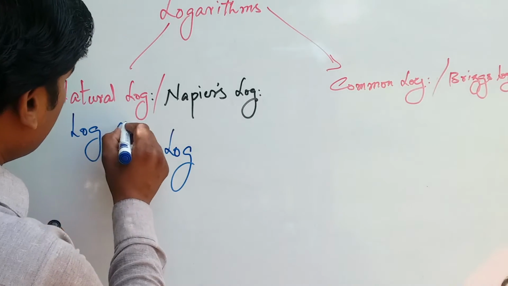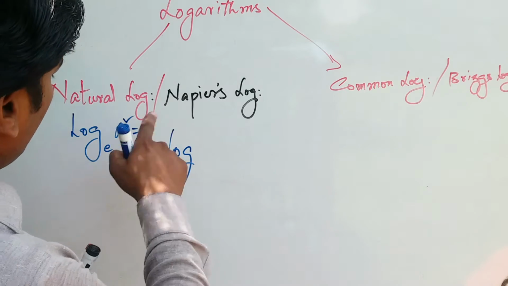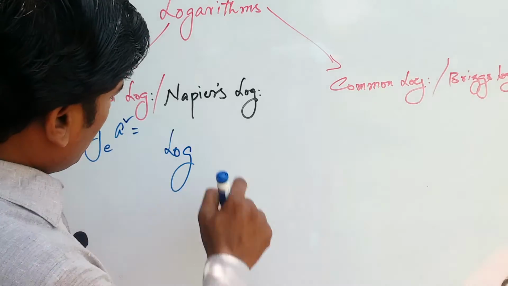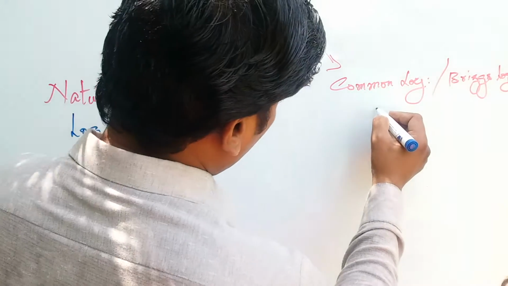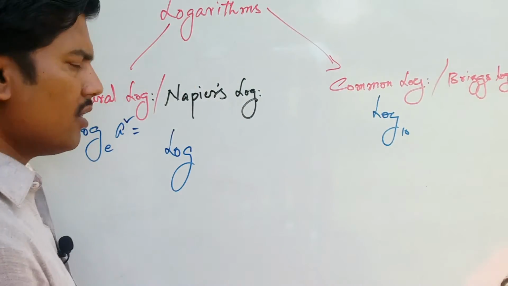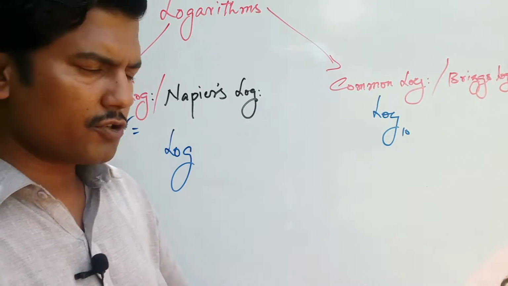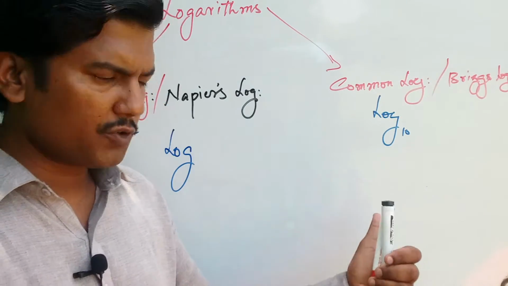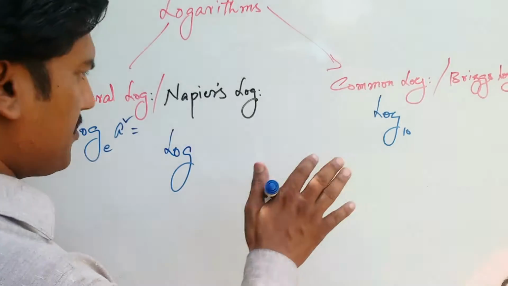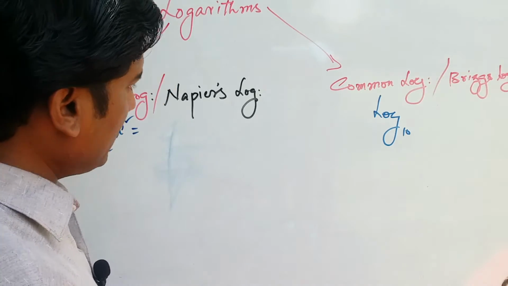This is the number of which we are taking the logarithm, and on the right side we will write the answer of it. And the common logarithm has base always 10. You have to keep in mind. So up to now we will discuss only the common logarithm, in which we have base 10 and we won't write base 10 again and again. So I'm just telling you right now, so keep in mind.